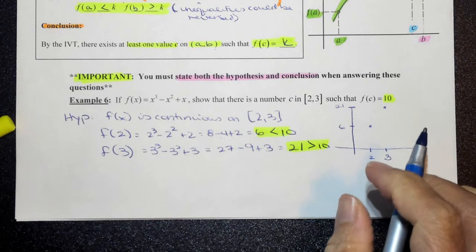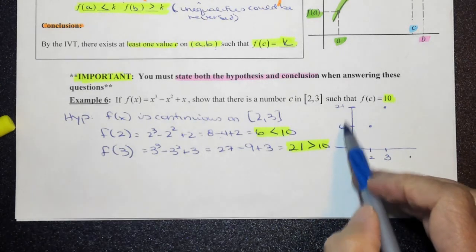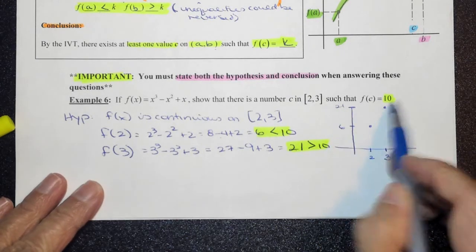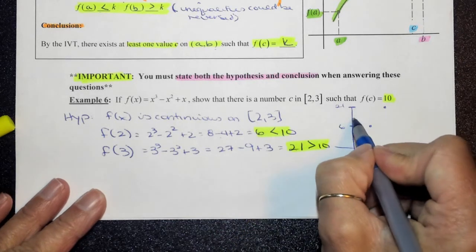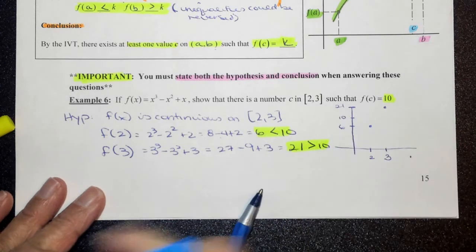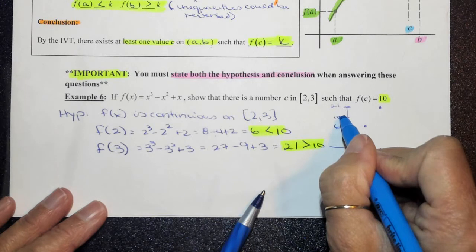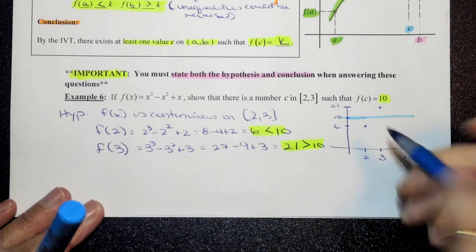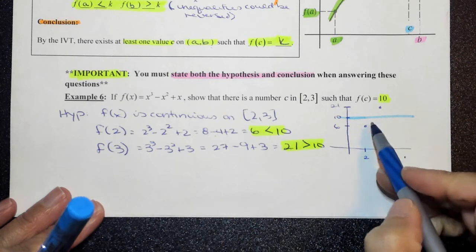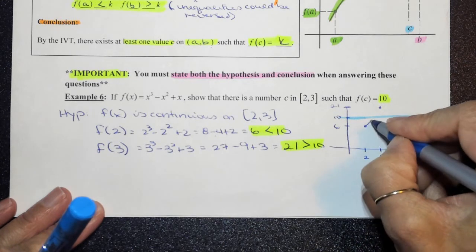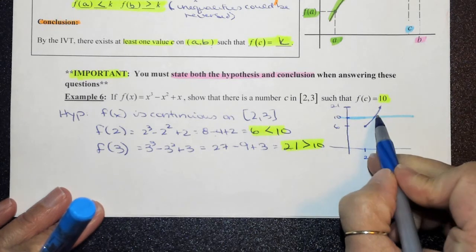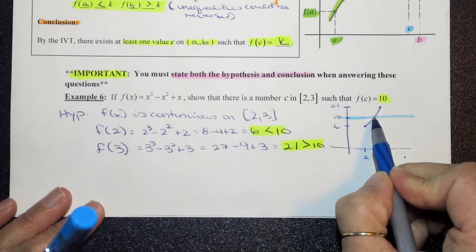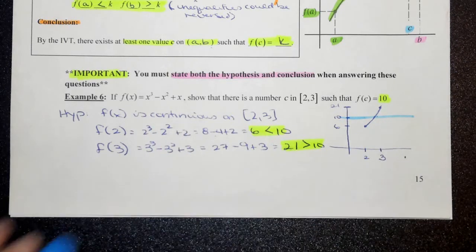So then there is that value between 6 and 21. This is a y value, this is a y value. So that means 10 would be about here. So in order to connect those two dots, whether I have multiple times where that graph crosses or just one, from here to here, I cross at least once. At least once, because this is a continuous function.